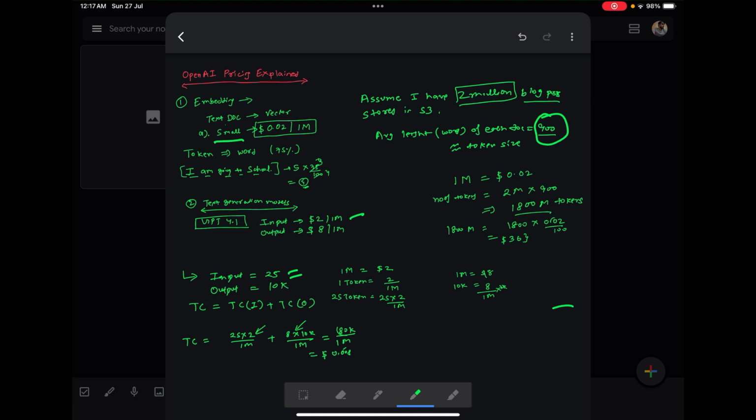Now if you just change the model from GPT 4.1 to, let's say, GPT Nano, this cost would be considerably reduced. If you take GPT 4.1 Nano, so the third situation is GPT 4.1 Nano, the cost is reduced a lot.